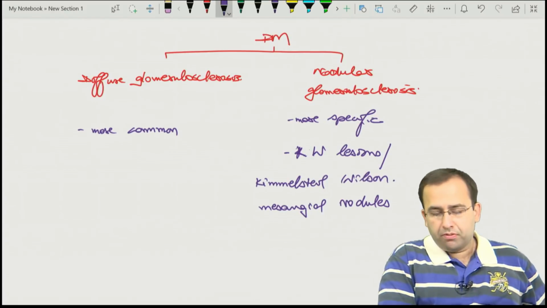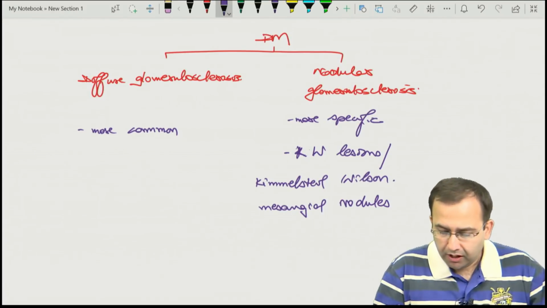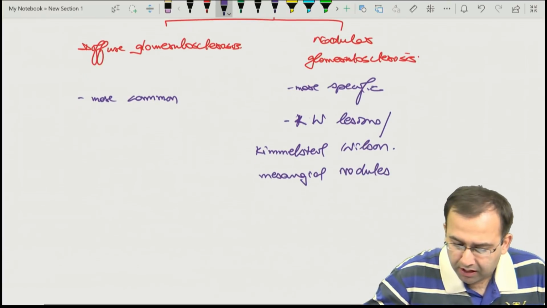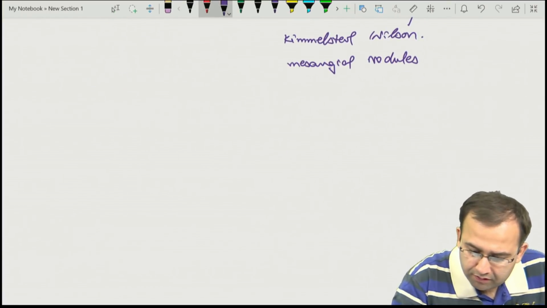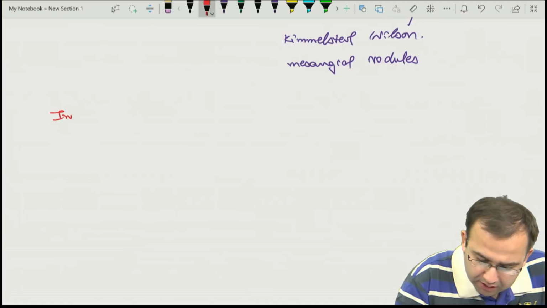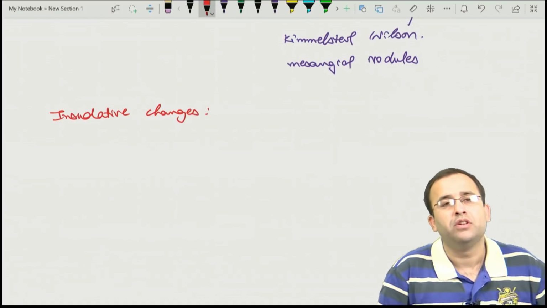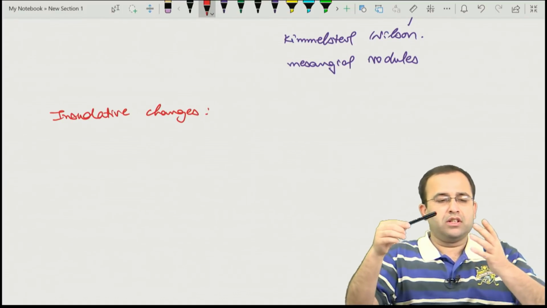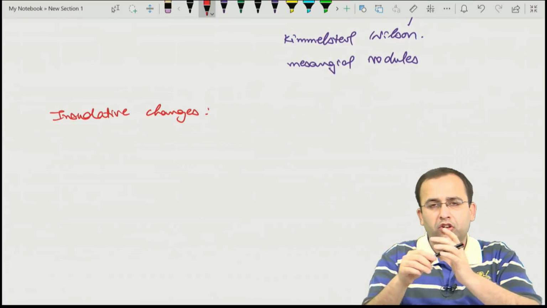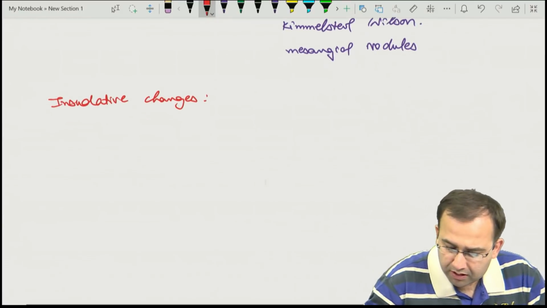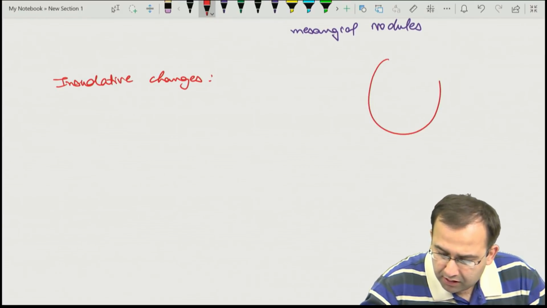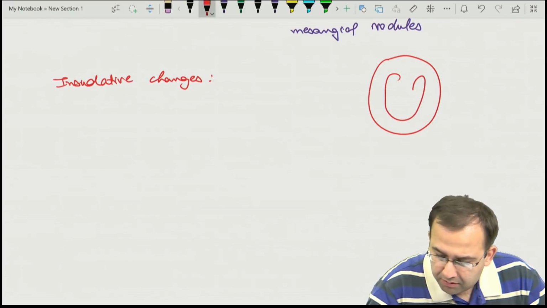Next point, diabetic nephropathy is associated with the presence of insudative changes. Insudation, this is a pen which is insudating into my fingers, it is entering into my fingers. So if this is the glomerulus, something seems to be entering inside.